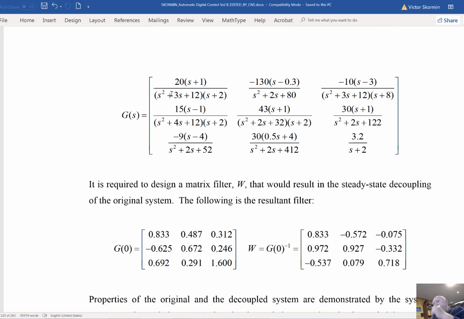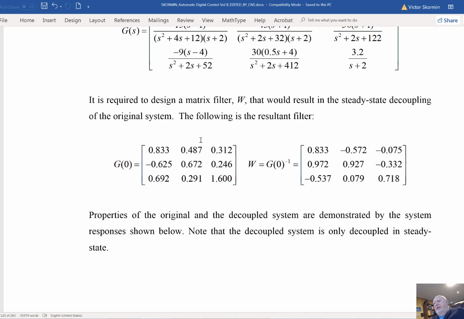Then what I have to do, I have to replace S by 0 in this transfer function. And I got this result. And then I had to take the inverse. Fortunately, this matrix is not singular, and the inverse exists.